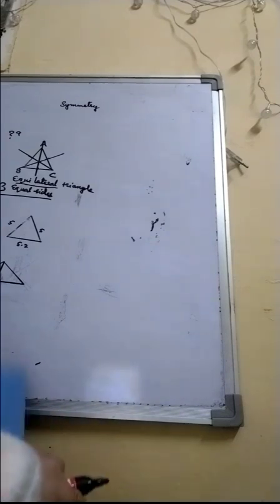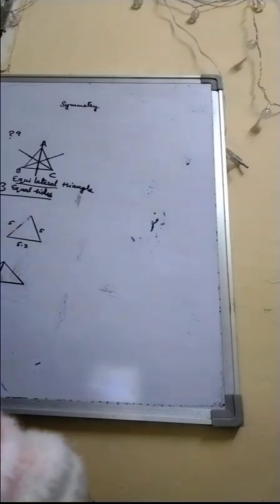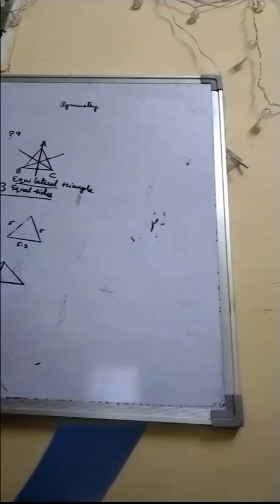Now to show it, let us draw it over the piece of paper so that you can understand what we are doing right now. Let's make the triangle.